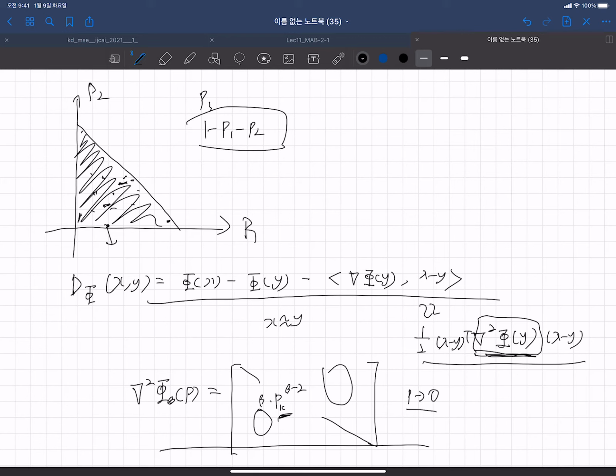Because the p values are less than 1, because we are using a probability vector, and since this exponent is negative, when this power term has a smaller value, our value becomes larger.